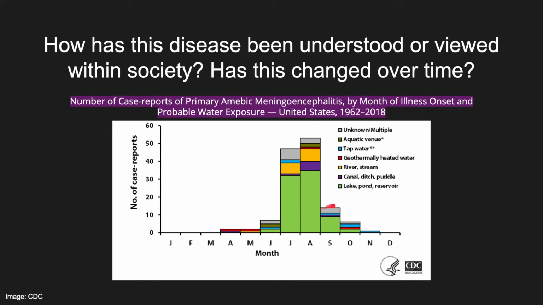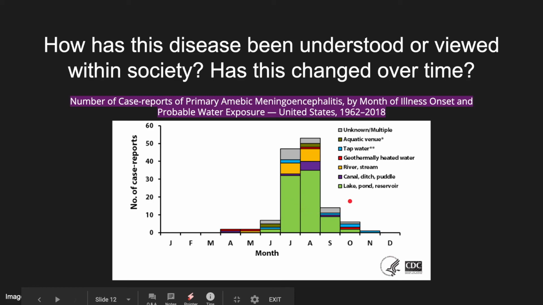So as you can see, green is the biggest one that we have here. That's lakes, ponds, and reservoirs. And as you can see, July, August, and September are the months with the biggest number of cases. So yeah, warmer months, more cases.